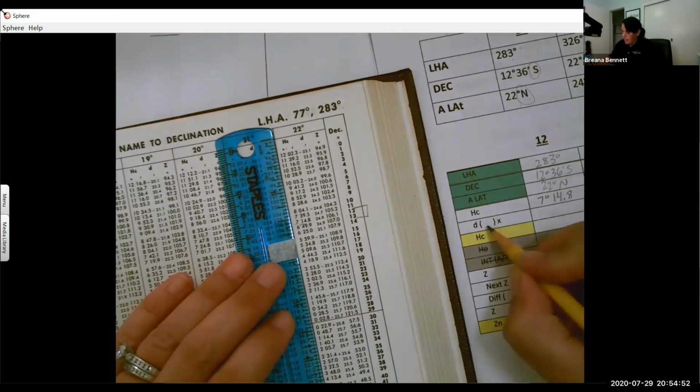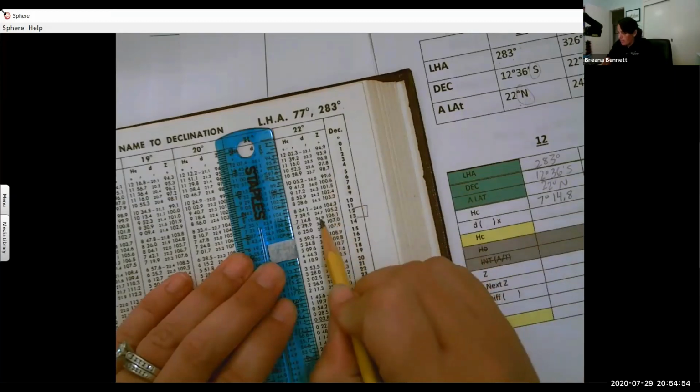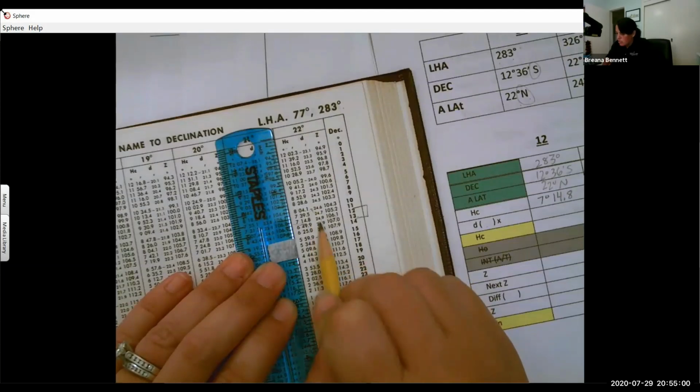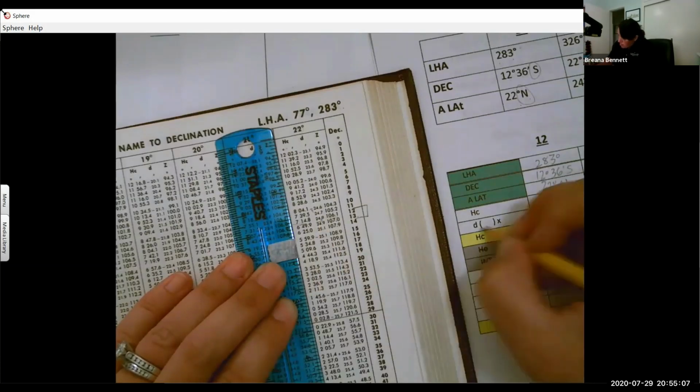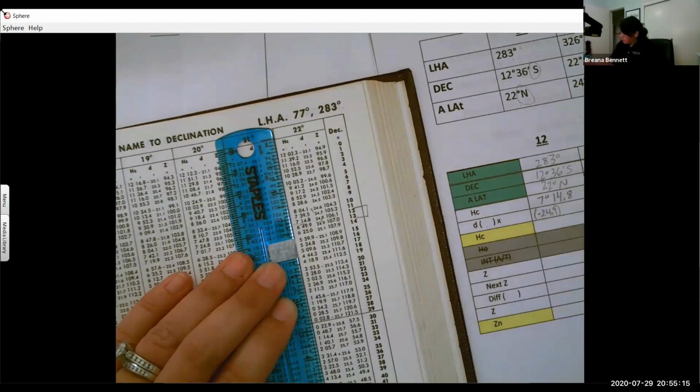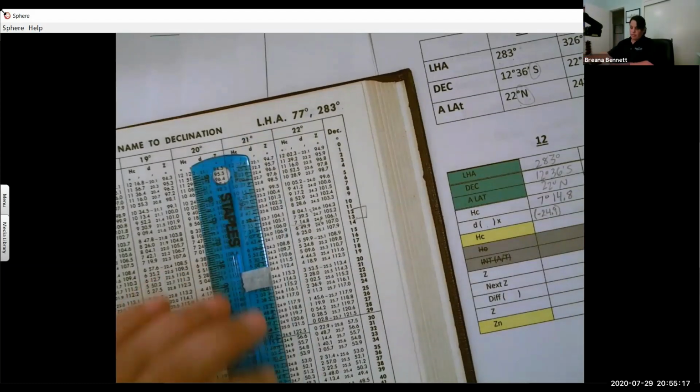Then that d, we're going to write it in, is going to be minus. See that little minus sign there? Minus 24.9. So I'm just going to write it minus 24.9.